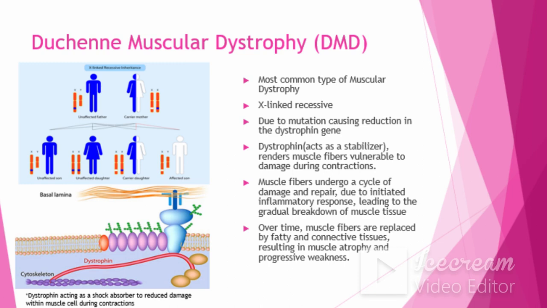The dystrophin that is created actually renders the muscle fibers vulnerable to damage during contraction. These muscle fibers undergo a cycle of damage and repair due to the initiated inflammatory response, leading to gradual breakdown of muscle tissue. This breakdown of muscle tissue actually gets replaced by fat and connective tissue, and this just results in atrophy and progressive weakness.